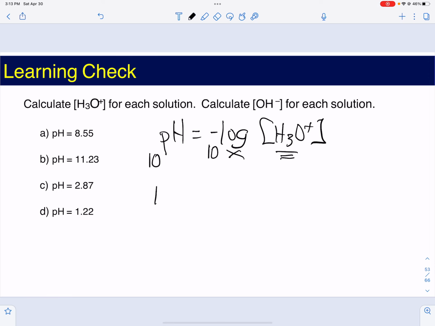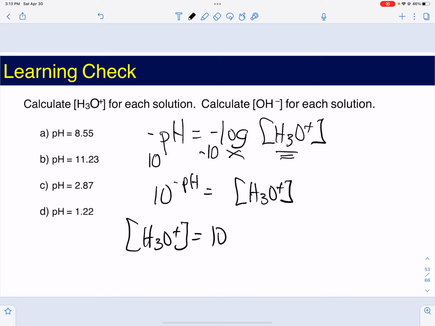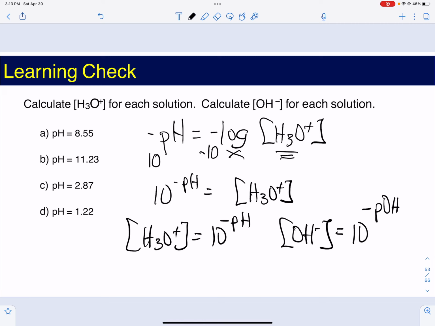So 10 to the minus pH equals hydronium concentration. Hydronium concentration is going to be 10 to the power of minus pH. Hydroxide concentration is going to be 10 to the power of minus pOH. So those two formulas are the ones that you need to be able to use.